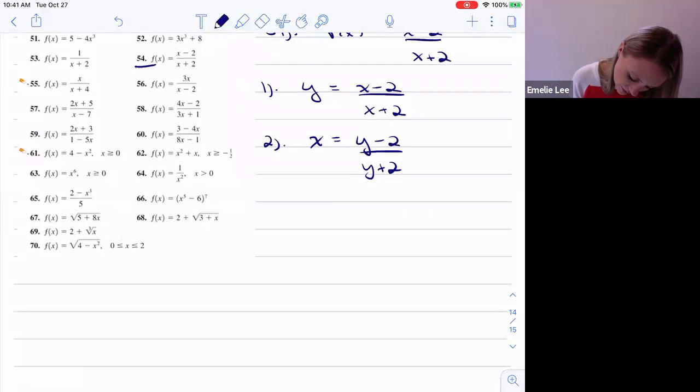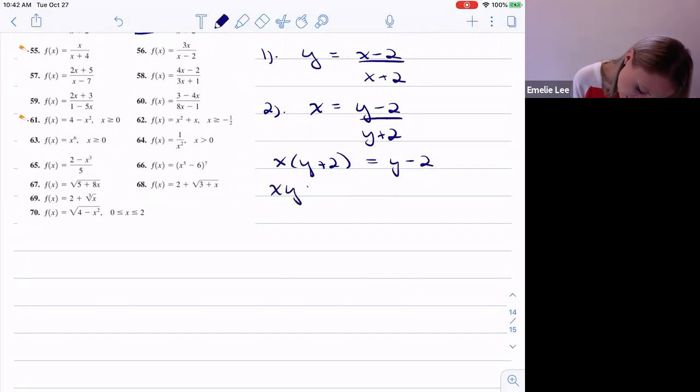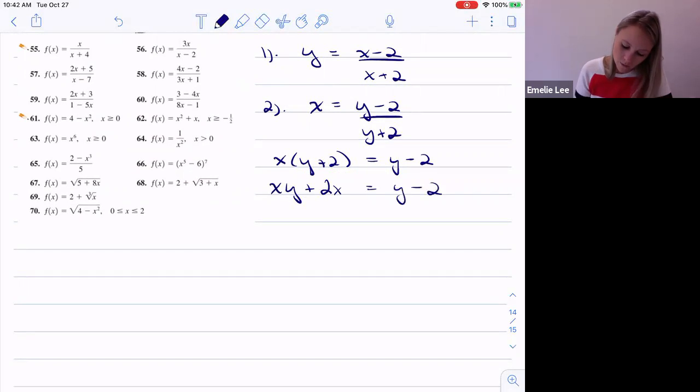So this becomes x times y plus 2 is y minus 2. Because I want to get all the y's put together, right? What I'm going to do is I'm going to have xy plus 2x equals y minus 2. Now I've got y here.